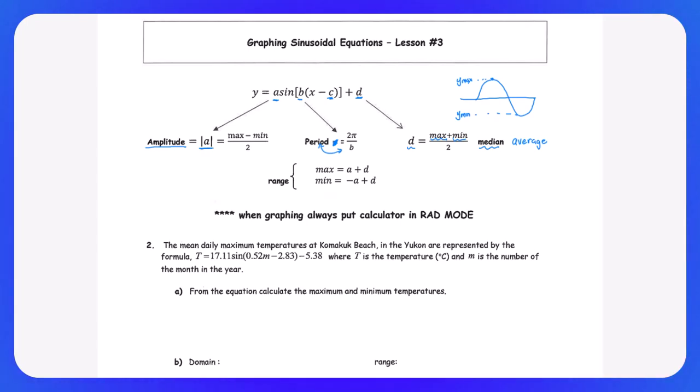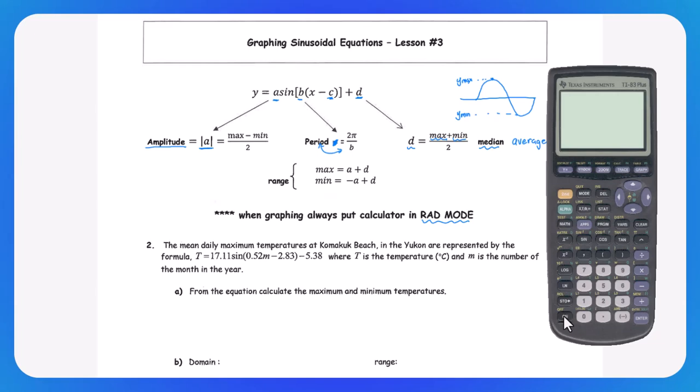Now today we're going to be doing a lot more graphing, and we want to make sure when we're graphing sinusoidal functions that we are putting our calculator into radian mode. On our calculator, to find the radian mode, we go into the mode button right here. After clearing the calculator, it does default to radians.